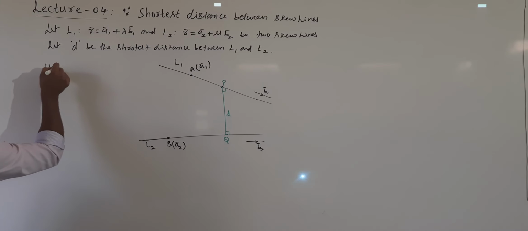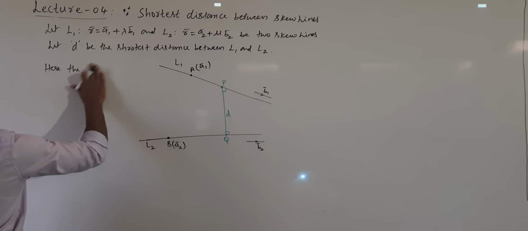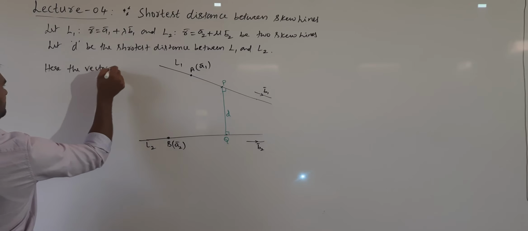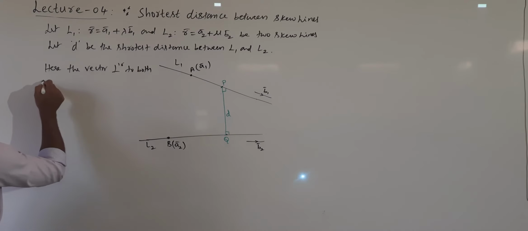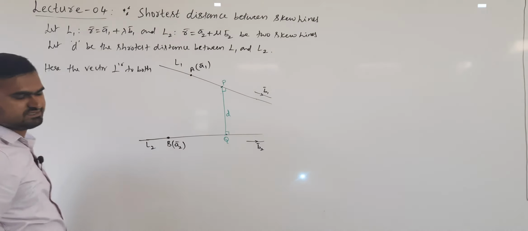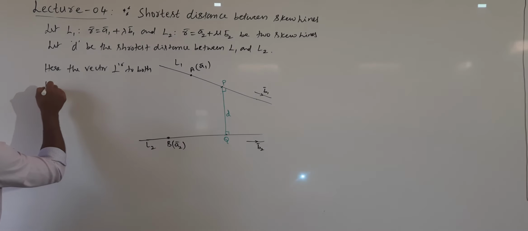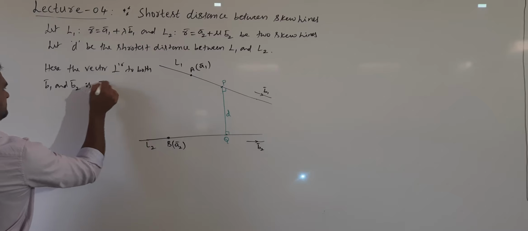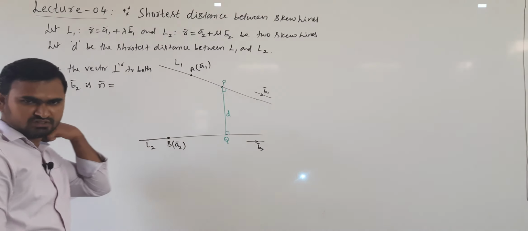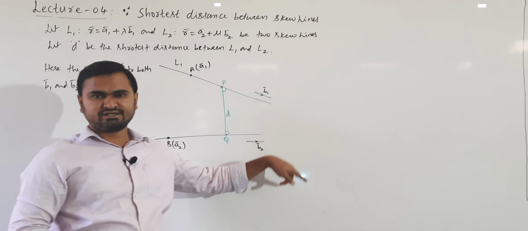Okay, so first we write the normal vector, the vector perpendicular to both L1 and L2. Perpendicular to both L1 and L2 is the same as perpendicular to both b1 and b2. So n bar is equal to... How do we get the vector which is perpendicular to both given vectors?